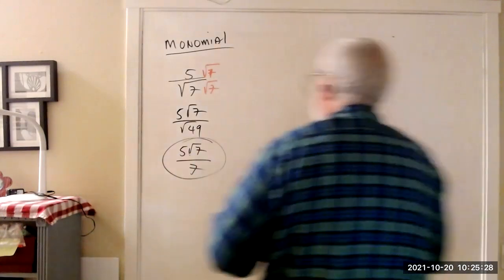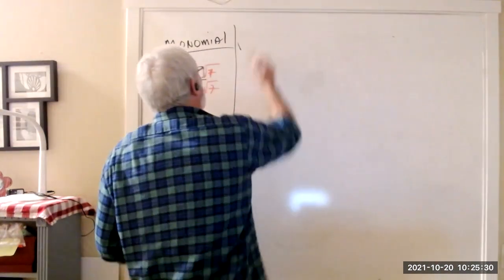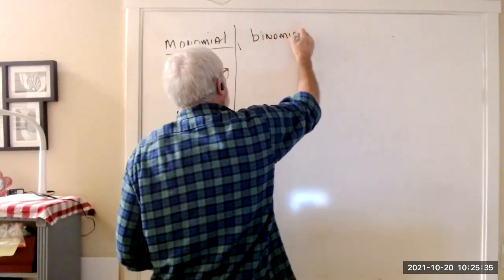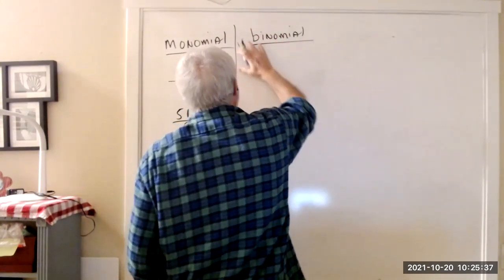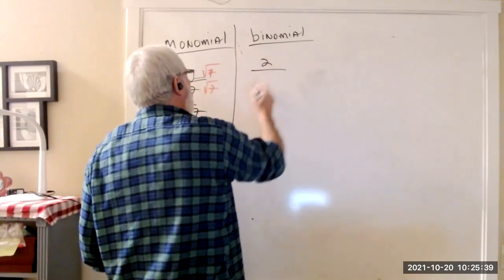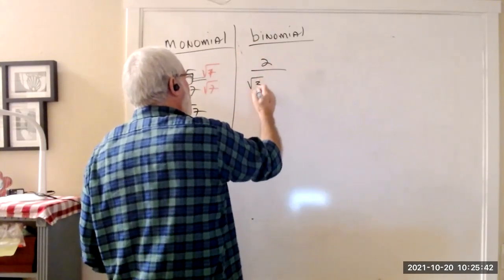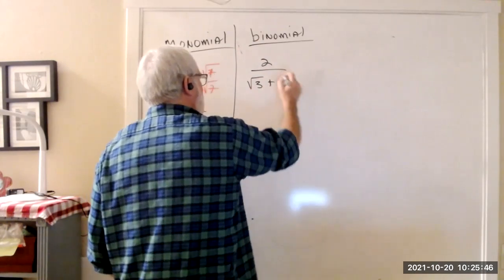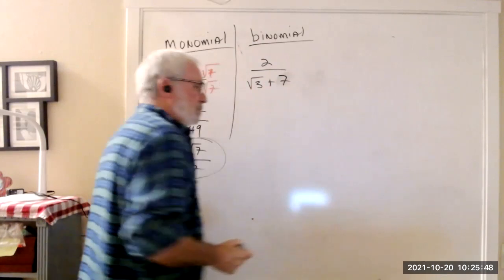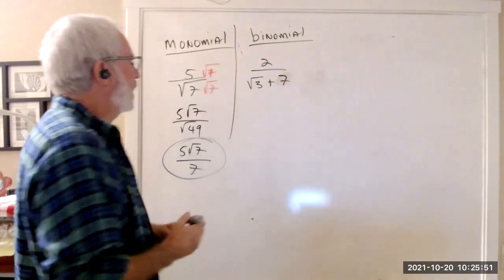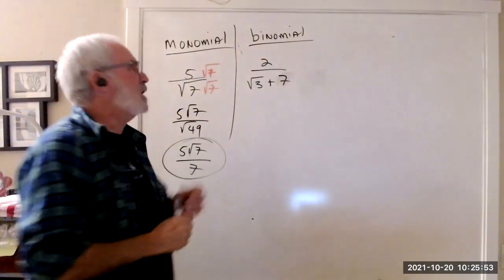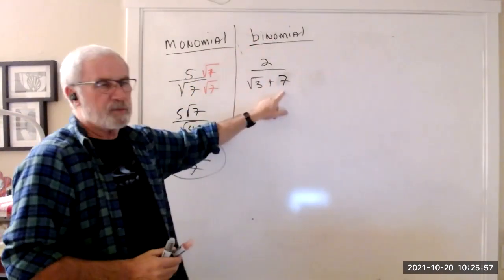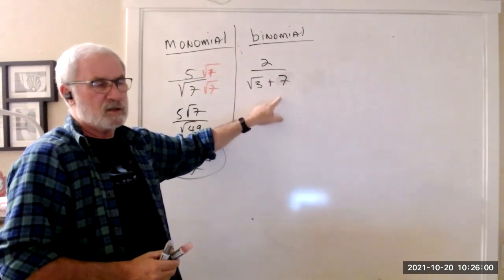Well, we learned last week a binomial denominator: 2 over the square root of 3 plus, well, I'll be nice the first time, 7. Yeah, that'll be okay. This is a binomial denominator. Bi means 2. There are 2 numbers here separated by a plus or a minus.